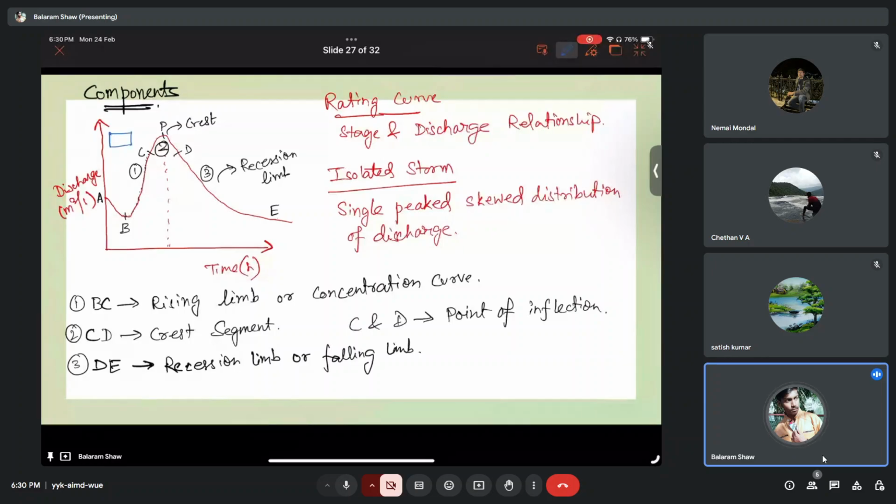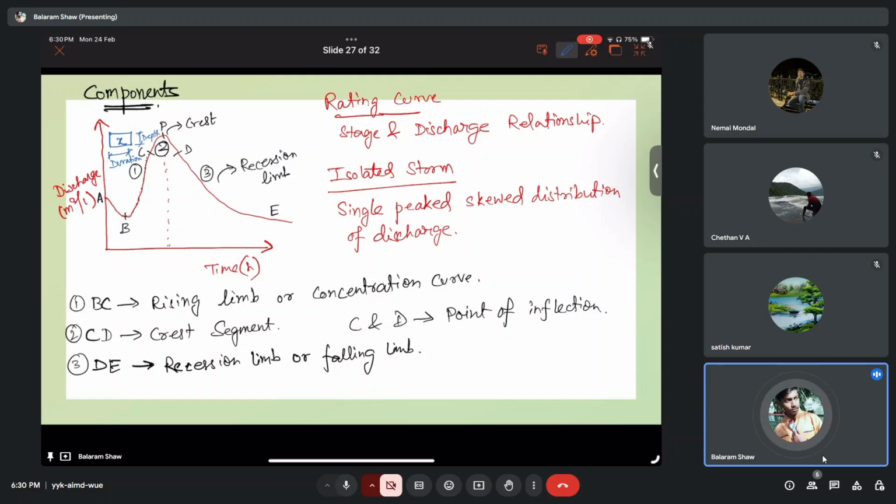This box represents the rainfall event, say rainfall event X. The horizontal axis shows the duration of the rainfall event, and the vertical shows the depth of rainfall.